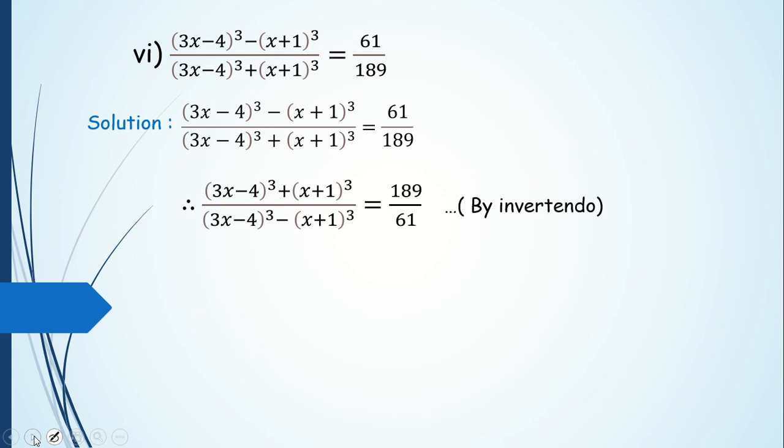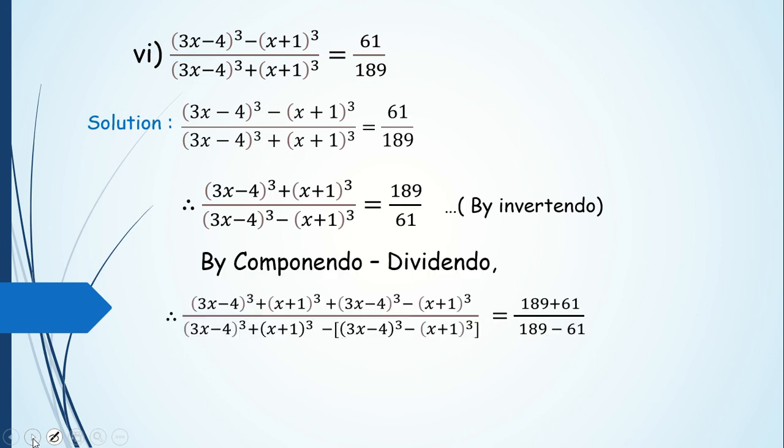So first just try to do invert into, and now we will use componendo dividendo, that is numerator plus denominator upon numerator minus denominator. So that is what we do. This entire numerator is written there plus denominator upon numerator minus denominator.